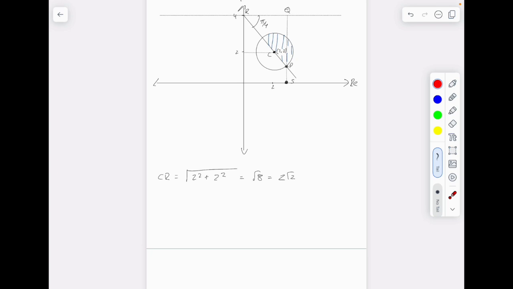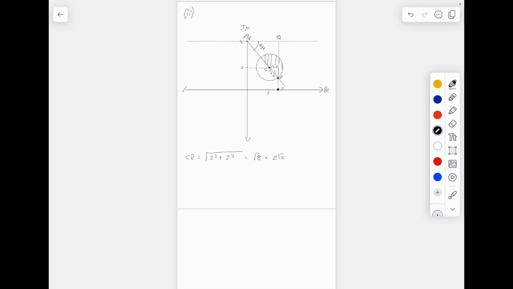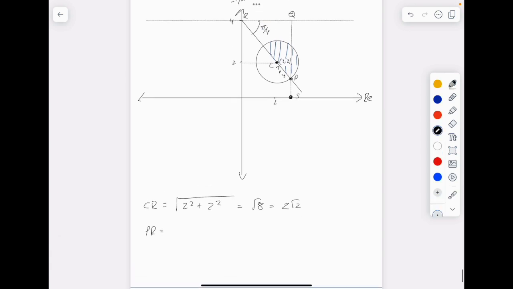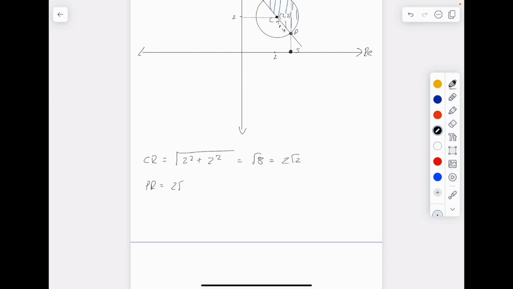Now, let's see what we can do here. The length PR over here is going to equal, remember, since the radius here is 1, PR is going to equal 2 root 2 plus 1.